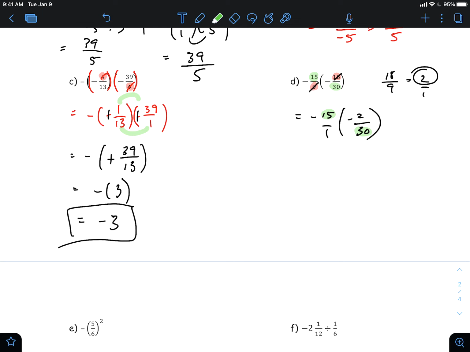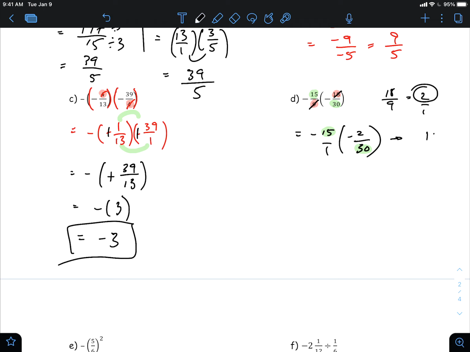So this time, hopefully this does a better job. With the green pieces, you get 15 divided by 30. What's that as a fraction? Could I reduce this fraction?